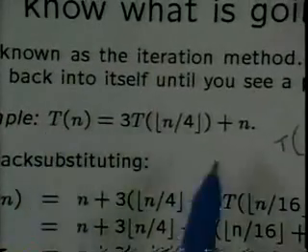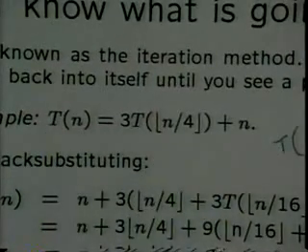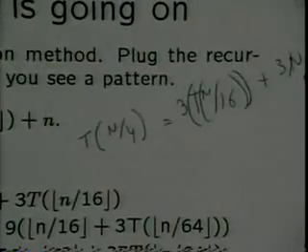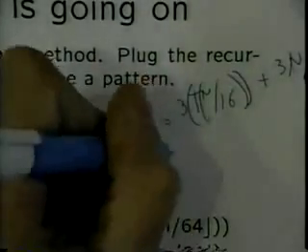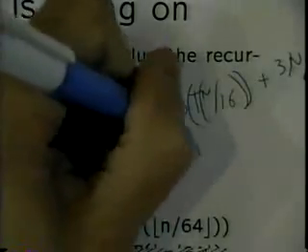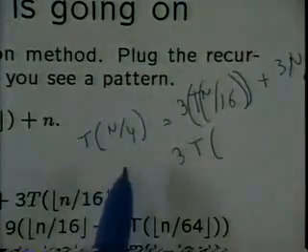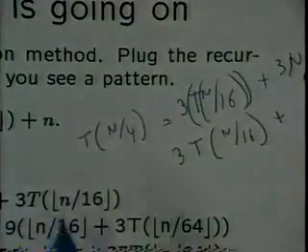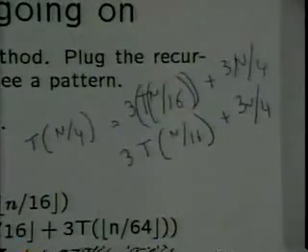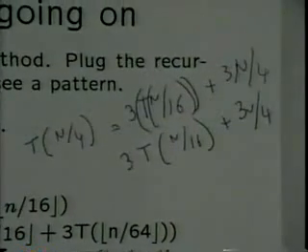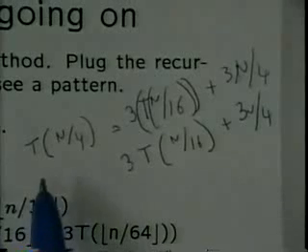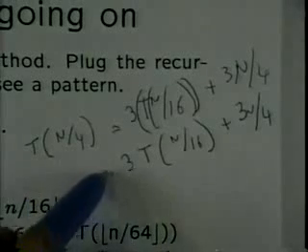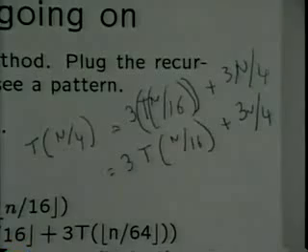If I plug n over 4 in place of n, I get 3 times n over 4, which is n over 16, plus the argument, which is 3n over 4. Is it clear to everybody that T of n over 4 is equal to this? That's just plug and chug.